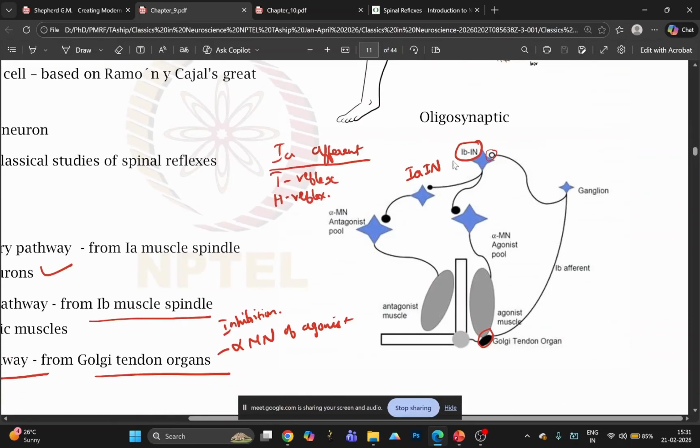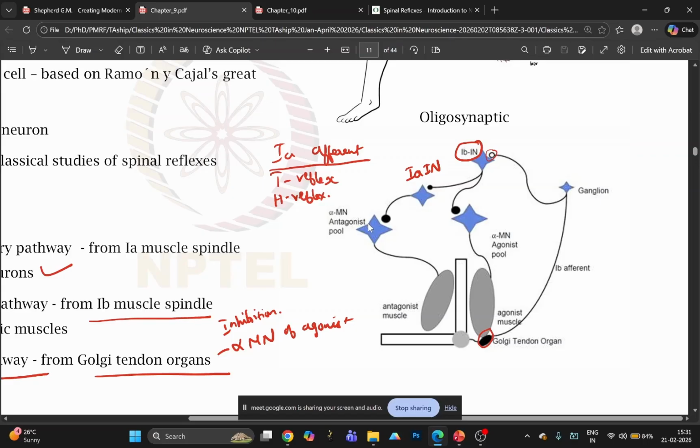The second is the oligosynaptic pathway, in which the information goes to the 1A interneurons. So there are several synapses being formed here.